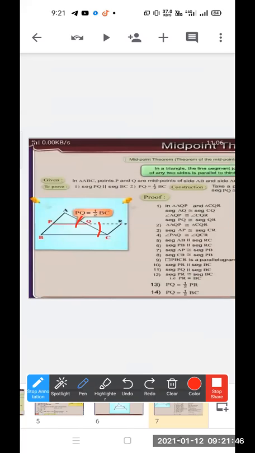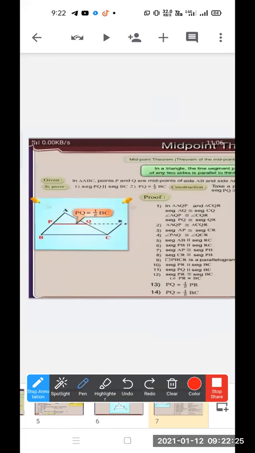They are vertically opposite angles. So three conditions we have fulfilled. So triangle AQP is congruent to triangle CQR by the side angle side test.